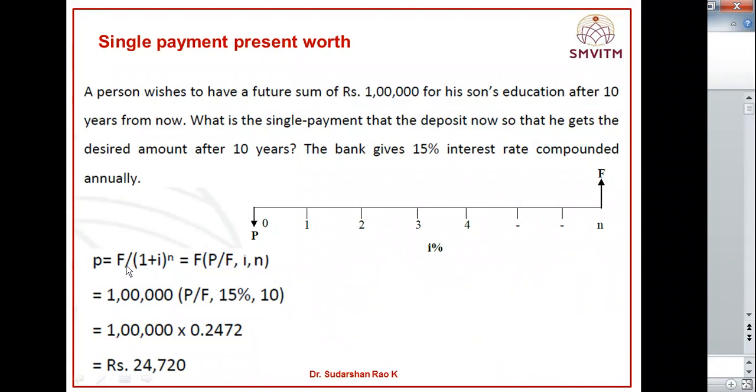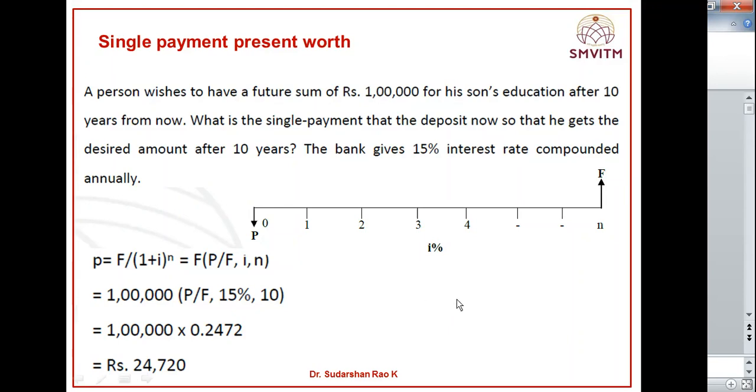Therefore, P equal to F by (1 plus i) to the power n, or from the discrete interest factor table, P/F, i, n. So 1 lakh into this factor, 0.2472, gives 24,720 rupees. He must deposit this now in order to get 1 lakh rupees after 10 years at 15% interest rate.